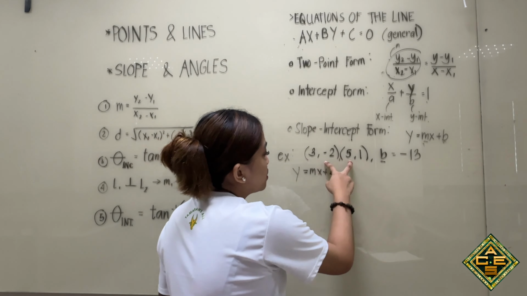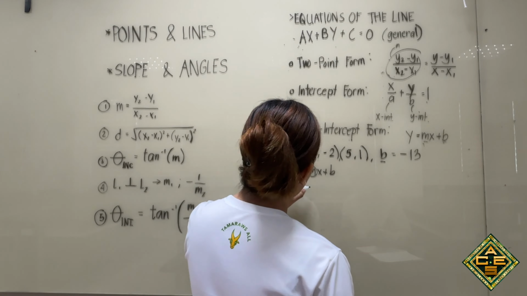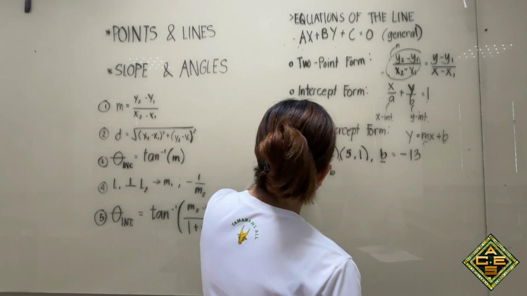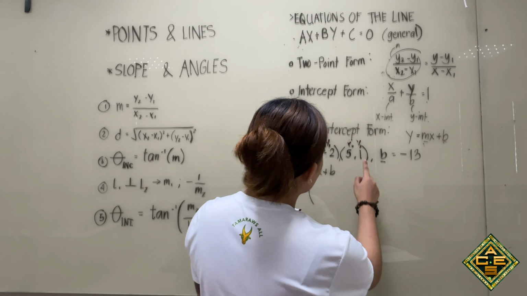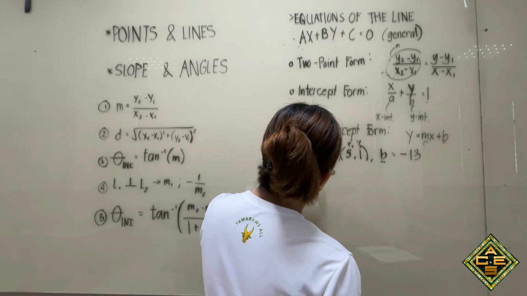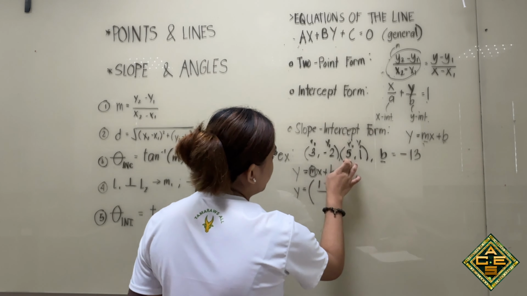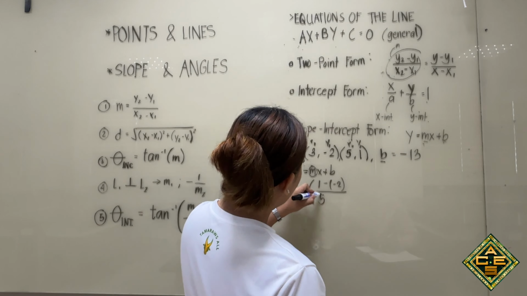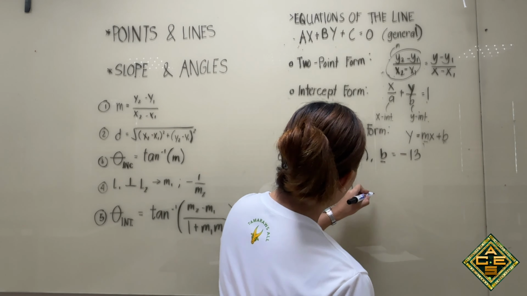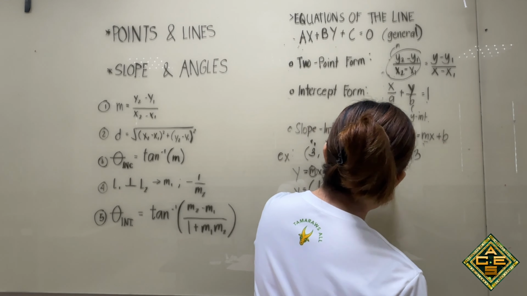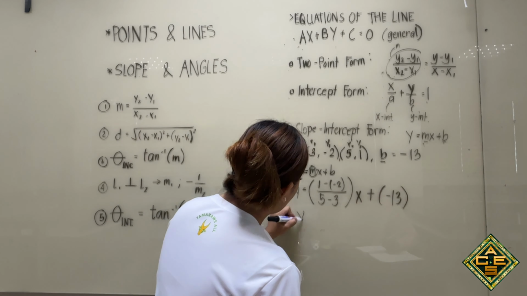With these two points, we can get the slope of the line: y sub 2 minus y sub 1, 1 minus -2, all over x sub 2 minus x sub 1, 5 minus 3, times x plus -13. So we just resolve the equation.